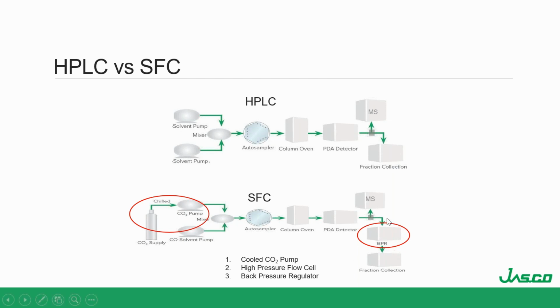So that's the job of the back pressure regulator: to keep pressure on the system throughout the flow cell of the detector. So that means the flow cells in the detector need to have a higher pressure rating. Typical operating pressures for an SFC are anywhere from 100 to 400 bar. So you at least need to cover that range in what that flow cell can withstand.